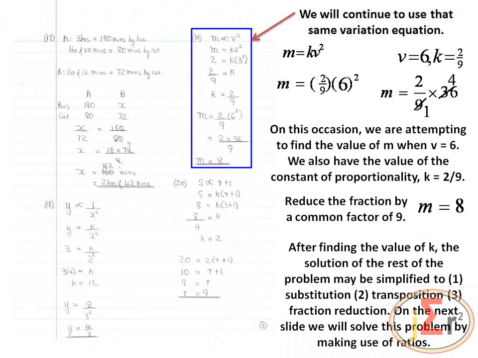After finding the value of k, the solution of the rest of the problem may be simplified to substitution, transposition, and fraction reduction. And it may be that we do not use all 3, but one or the other, or any combination of the 3. But we will have only substitution, transposition, and fraction reduction. We cannot have anything else.